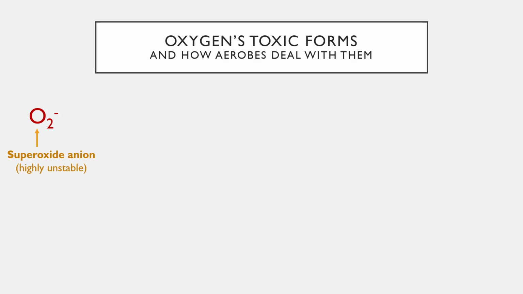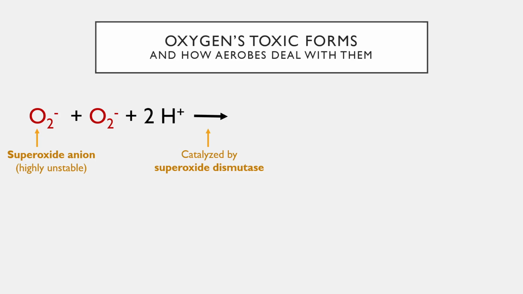Luckily, there are enzymes that are able to do this inside the majority of living organisms. One of these enzymes is called superoxide dismutase. It takes 2 of these superoxide anions and combines them with 2 hydrogen ions.